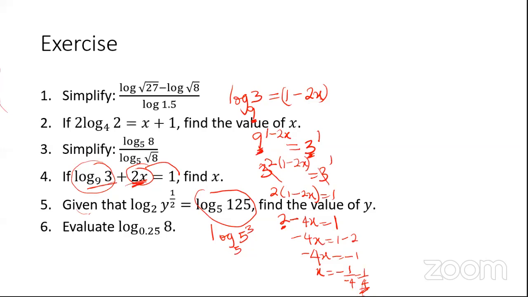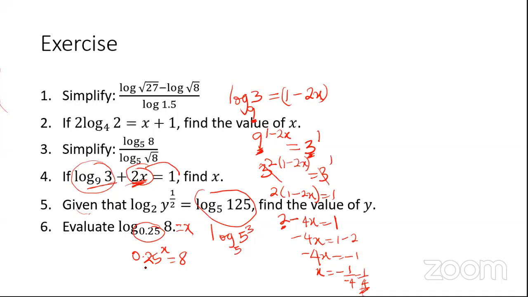So for number 6, I think I've mentioned it. What you just need to do there is to convert this decimal number to a fraction. You can equate it to x. Then you can say that 0.25 raised to power x equals it.